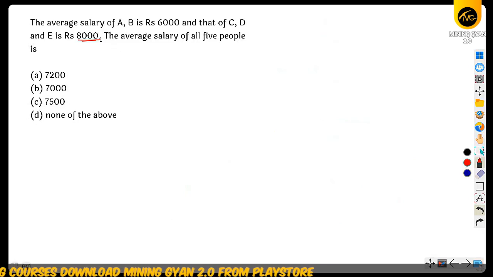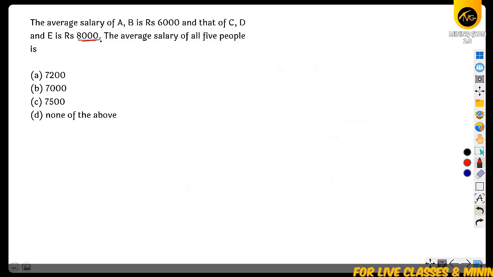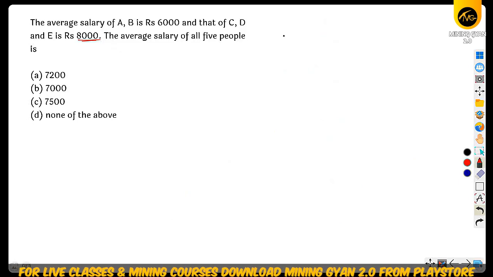Now just find the new average salary of all 5 people. So basically find S1, S2, sum S1 and S2, divided by the total number of people, that is 5. So divided by 5, you will get the answer. Okay, solve it.